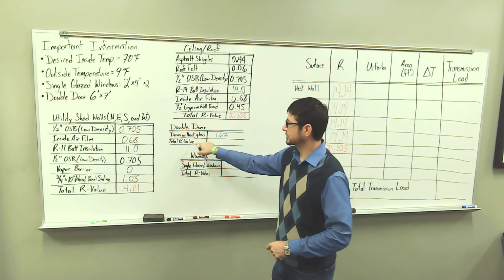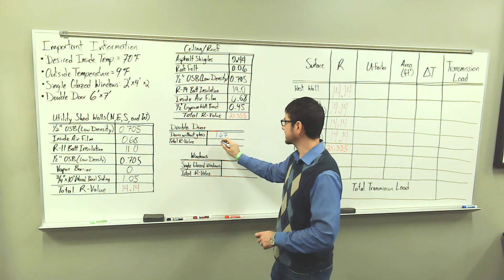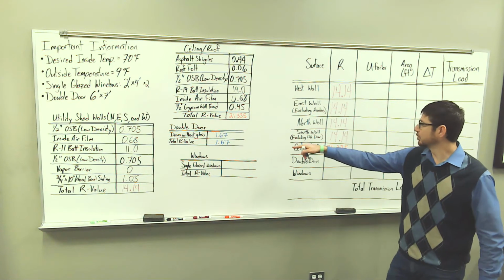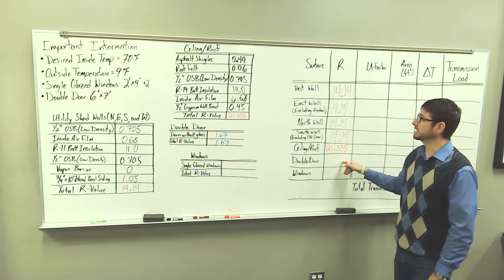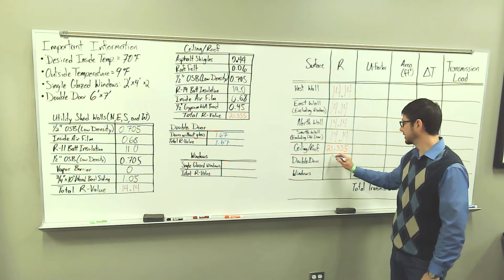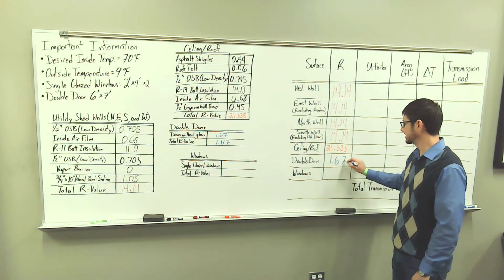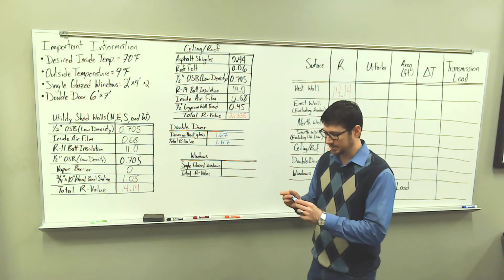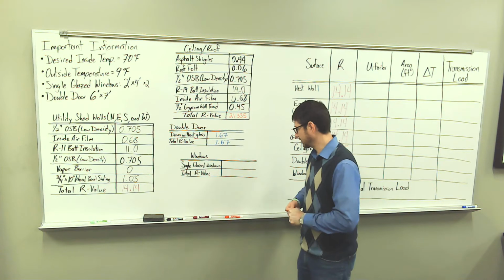And then the total R value is 1.67, so we're just going to transfer that value down. Now we're going to write that value in the R total column for the double door, 1.67, which is very low. That is not a good R value, okay?